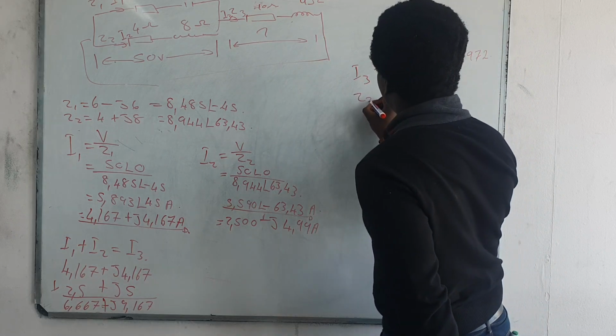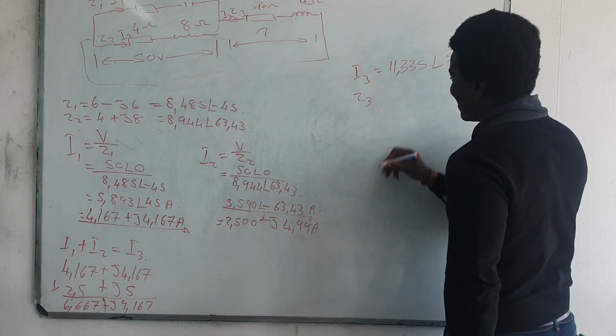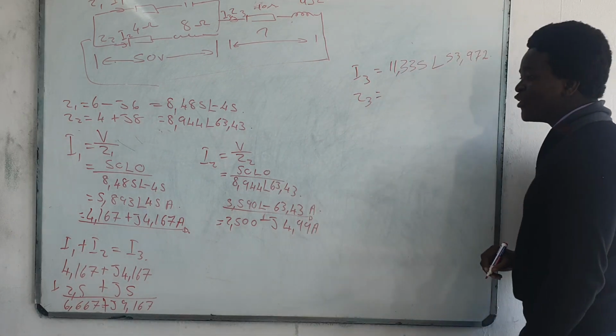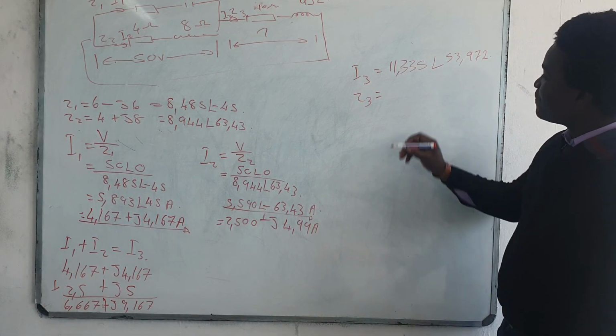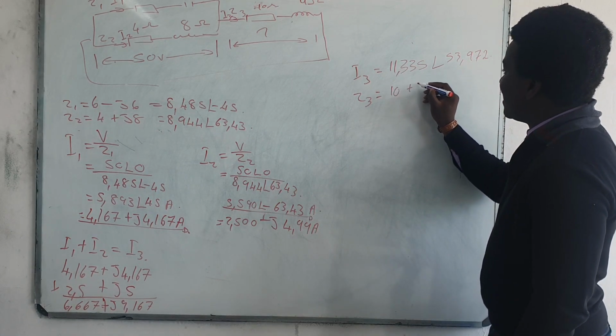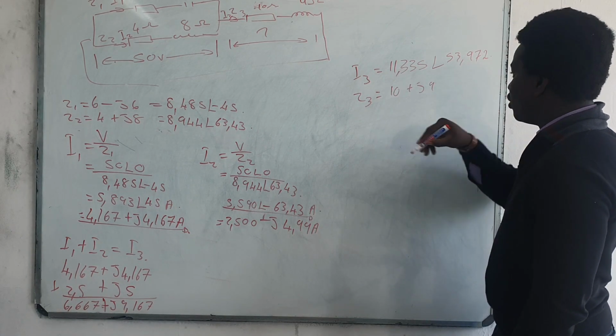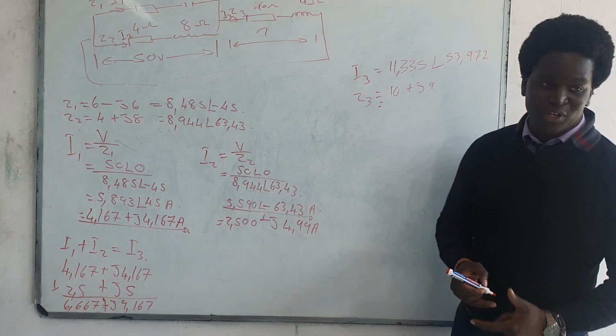Z3 is 10 plus J9. So let us convert this into polar form. What do we get?